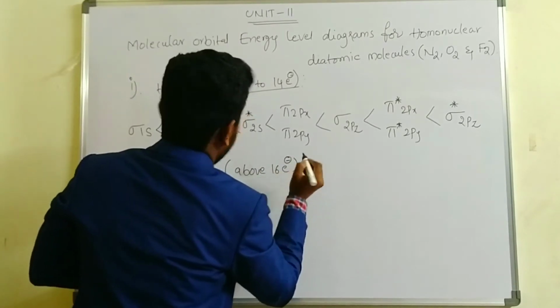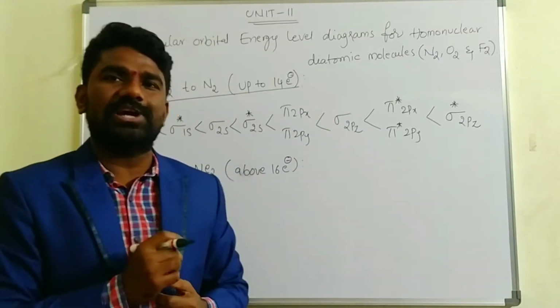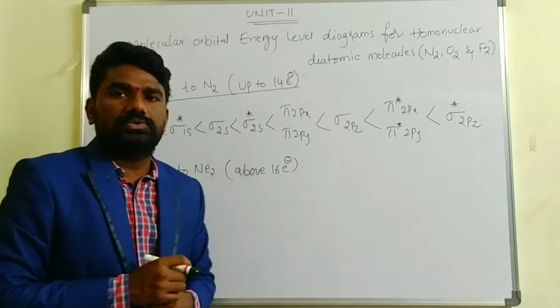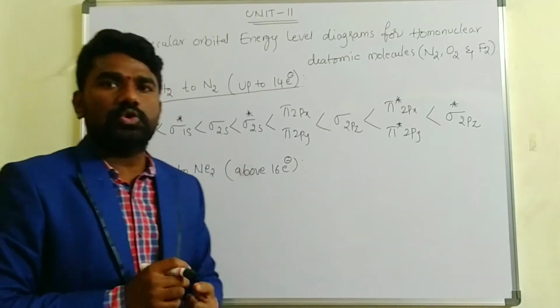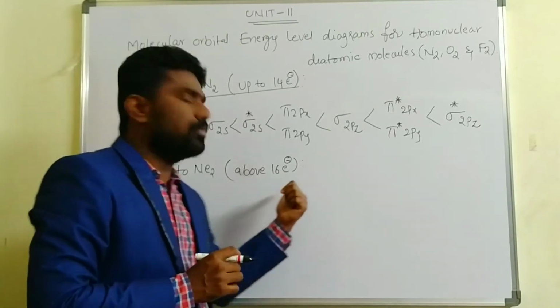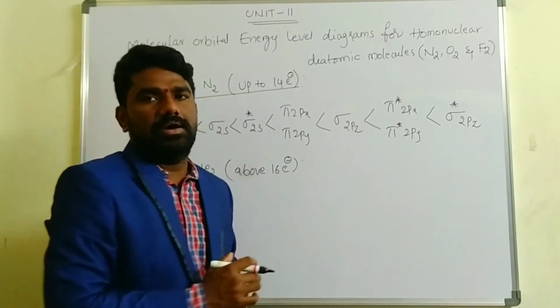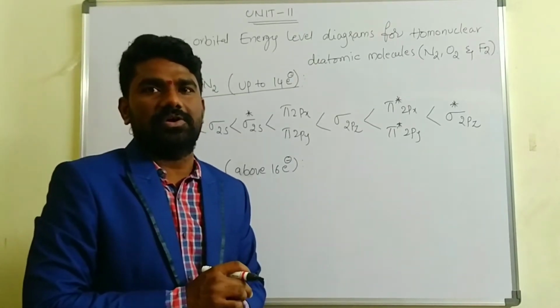Oxygen has a total of 16 electrons. Each oxygen atom has 8 electrons, so this O2 molecule has 16 electrons. So this category is divided as above 16 electrons. For above 16 electrons we have one relative energy sequence order of molecular orbitals.